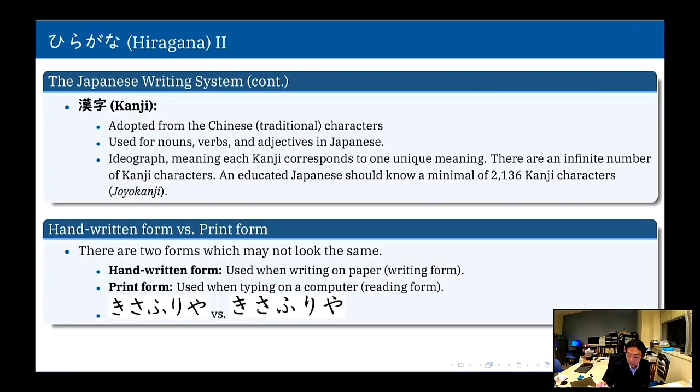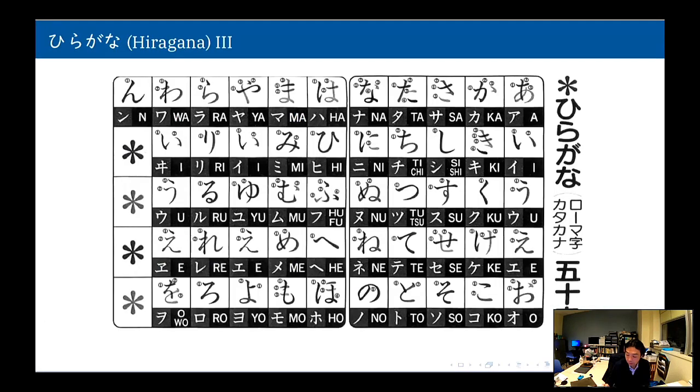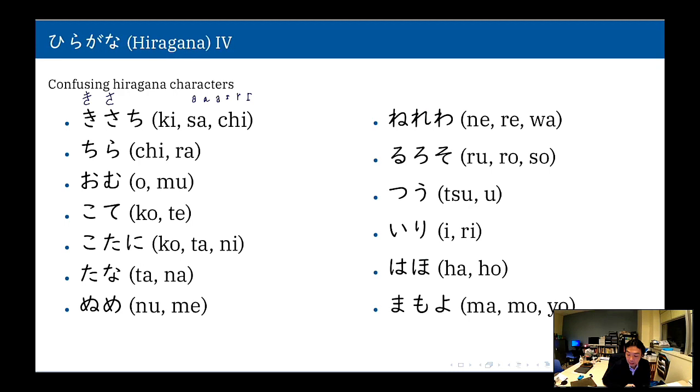When you study, most likely you're going to use the print form, right? Because you use the textbook or you use the workbook. Sometimes those print forms are not exact. They don't show exactly how you write it.